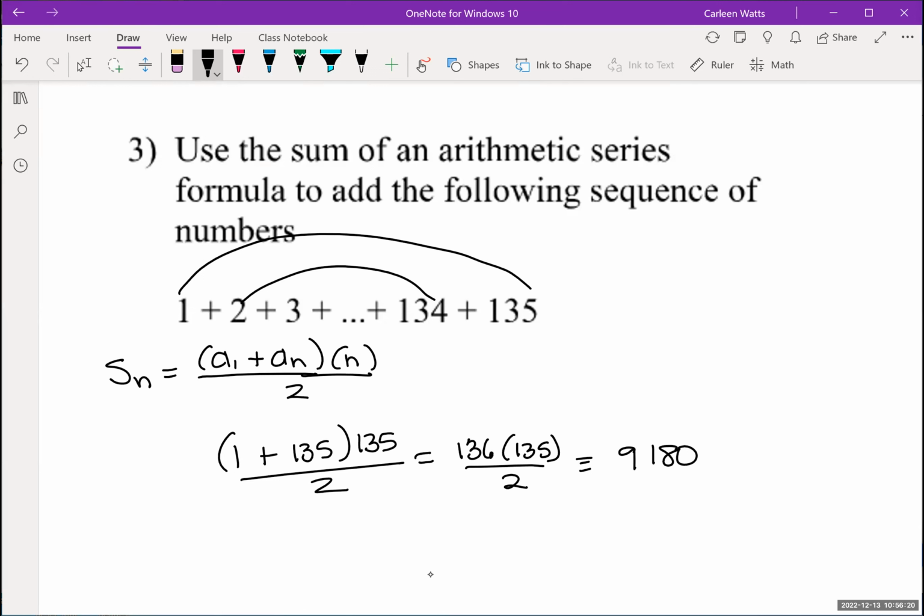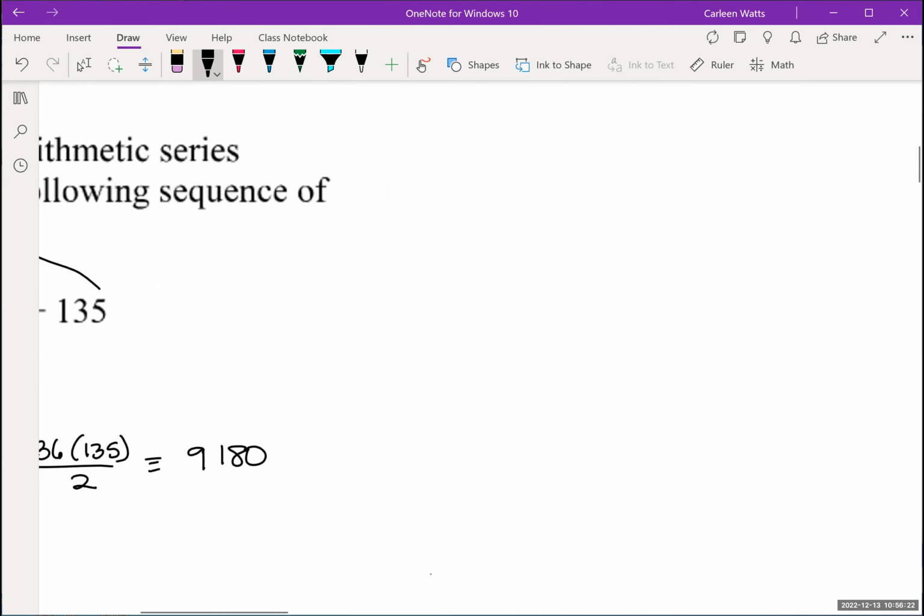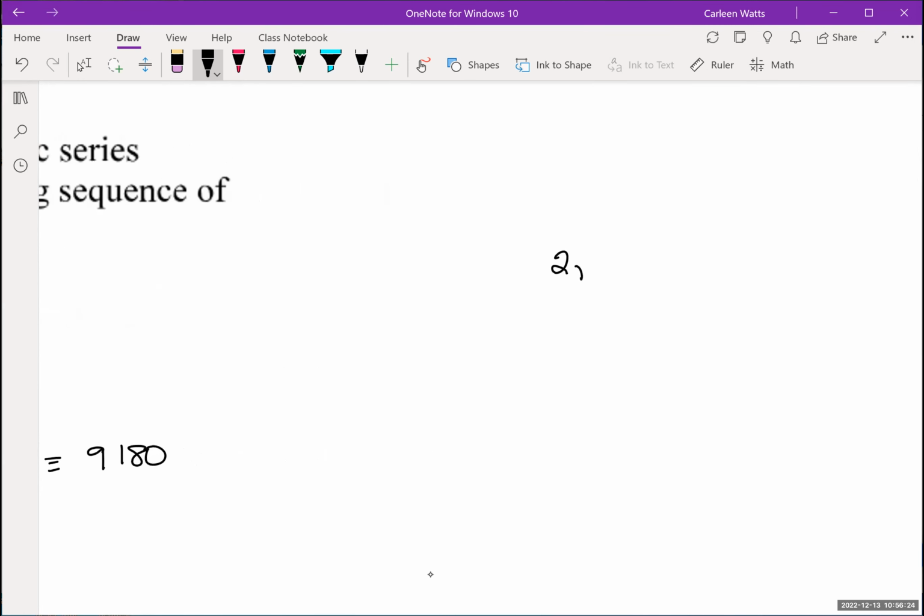Really quick. How many terms do I have there? I do not have 20 terms.